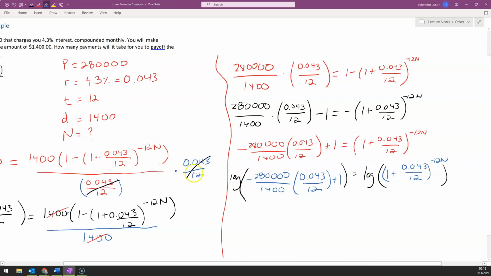So we're taking the log, meaning we're asking what's the exponent on 10 that gives us this. And as we saw in our property of logs, now because we are taking the log and there's already an exponent here, we can move that down to the front and now solve for n. So in this almost last step, we have still the log of this whole thing.